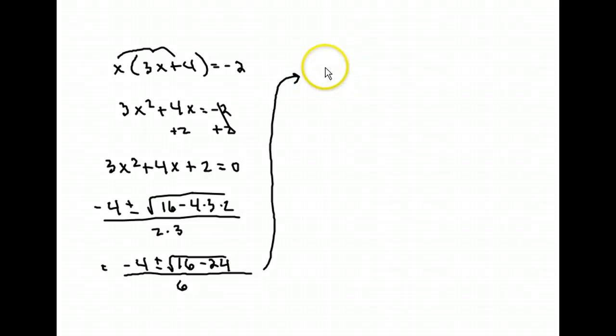So that comes out to negative 4 plus or minus the square root. 16 minus 24, I believe, comes out to negative 8, divided by 6. So negative 4 plus or minus the square root of negative 8.